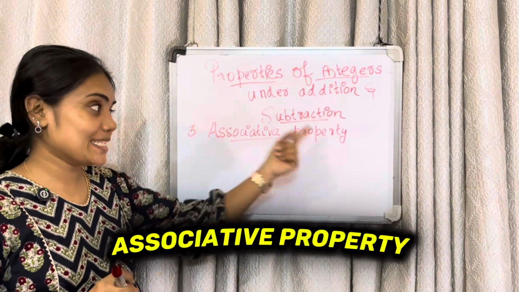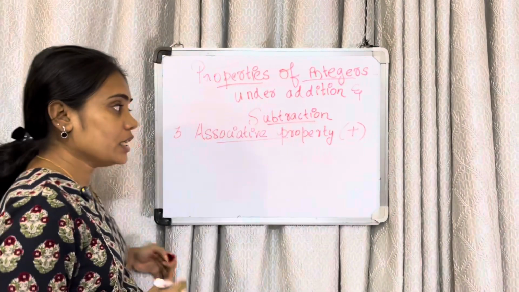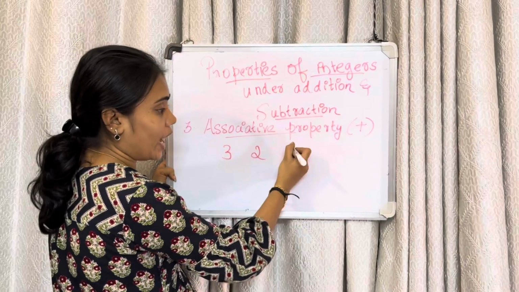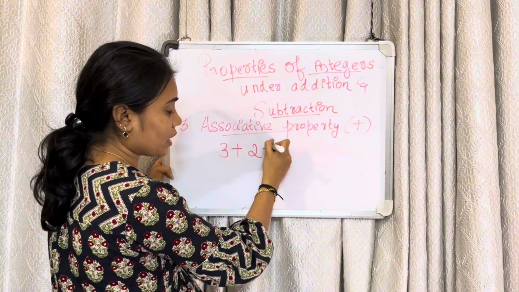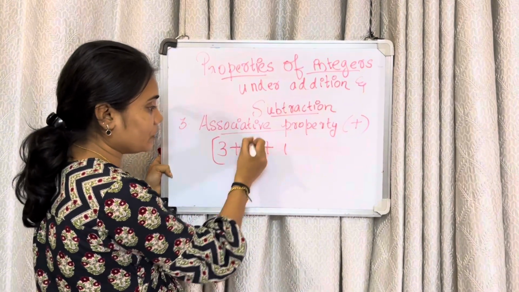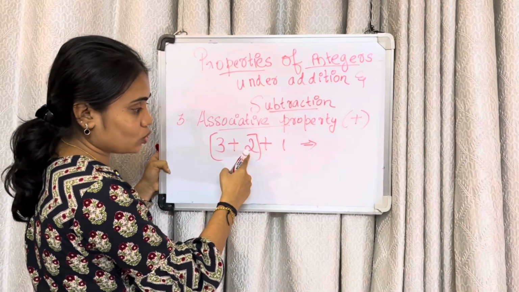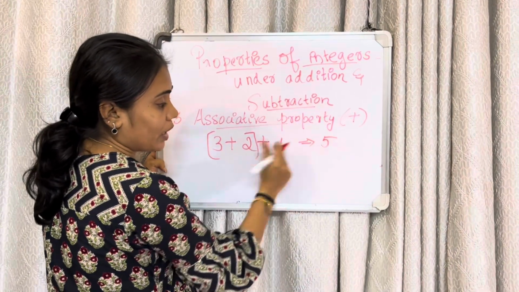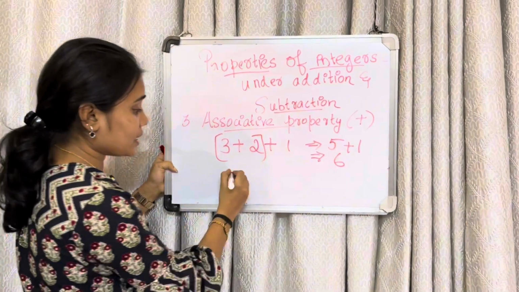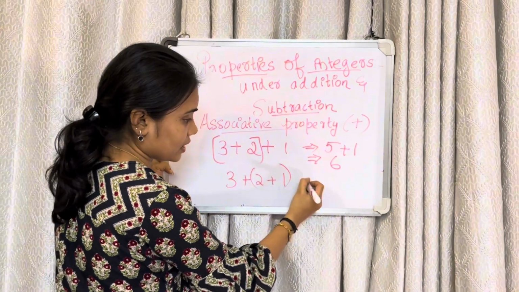Next, the third one is associative property. We are discussing associative property under addition. Here we are taking three integers. I am taking 3, 2 and 1 with addition. Here the brackets are important. I am taking the first two in brackets and adding first. 3 plus 2, I will get 5. 5 plus 1, 6. Then I am taking the same numbers, but putting the bracket like this.